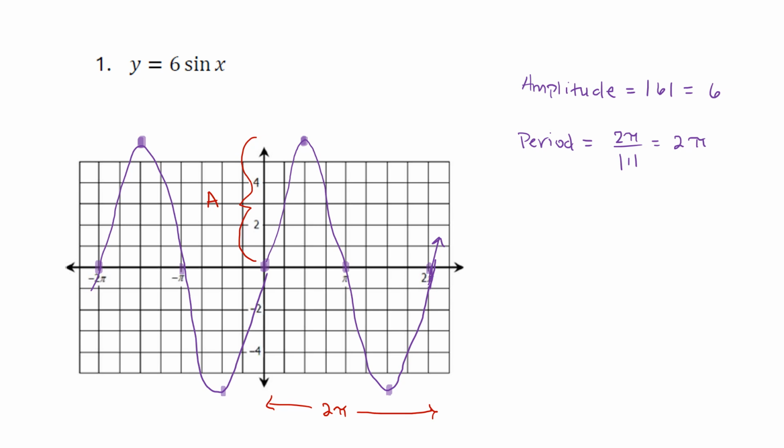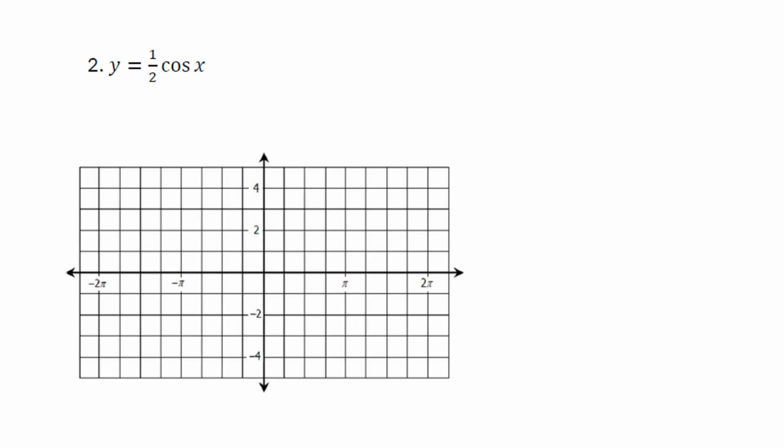Alrighty, let's do the next one. So we have here y equals 1/2 cosine x. So our amplitude here will be the absolute value of 1/2, which is 1/2.